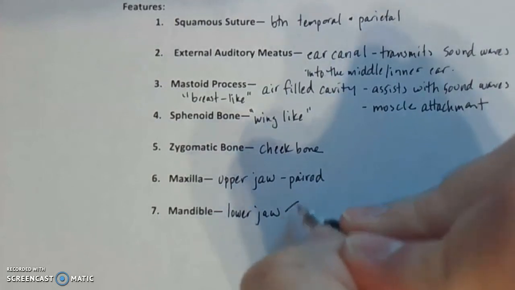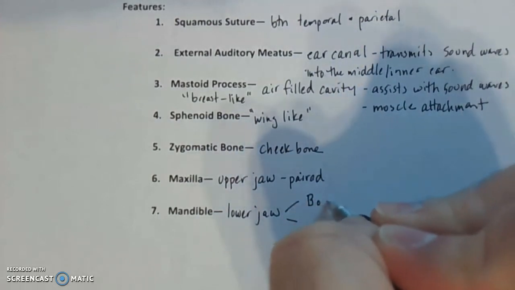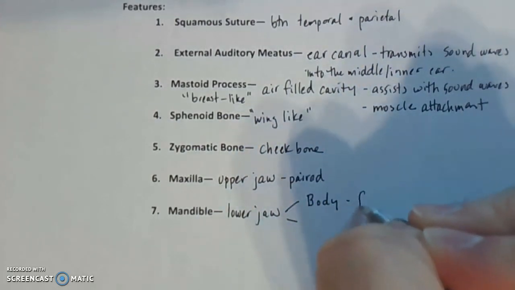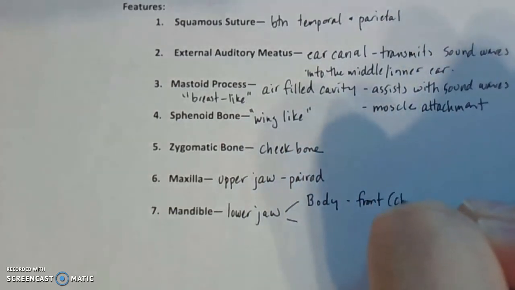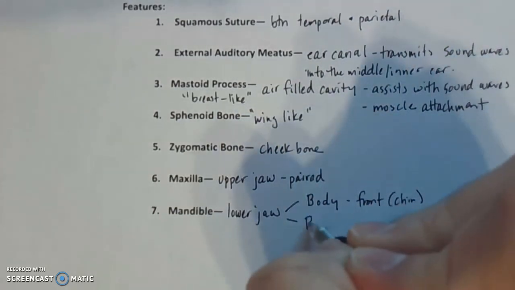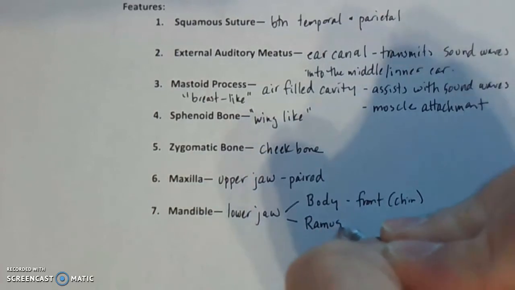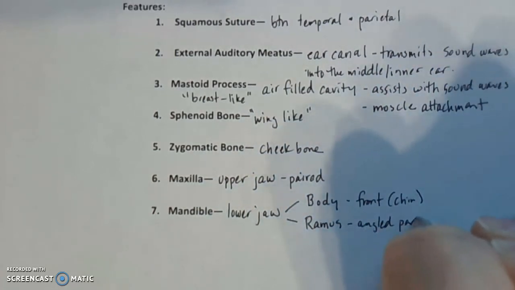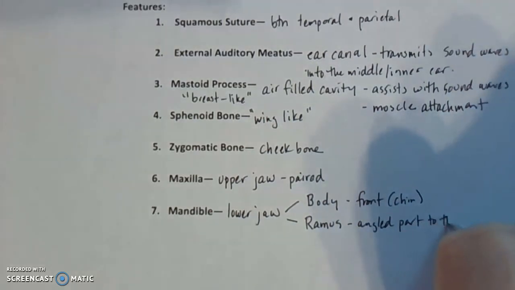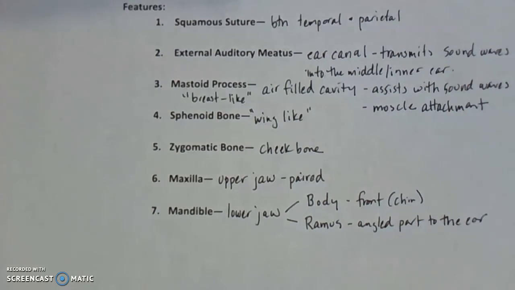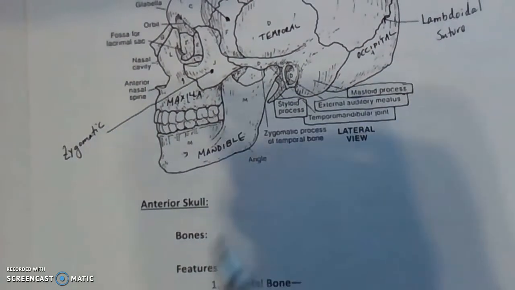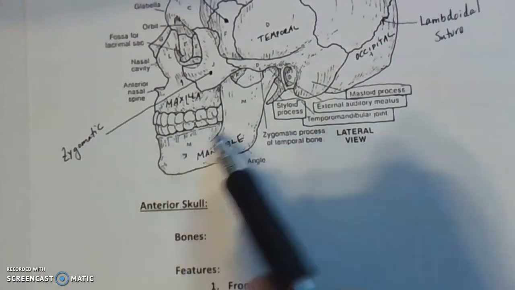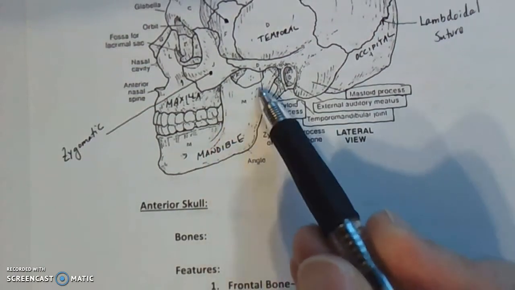We have two parts to the lower jaw. We have the body, which is the front part or the chin. And we have what is called the ramus, which is the angled part towards the ear. If we look at our diagram again, down here would be the body, and you can see right here this angled part.